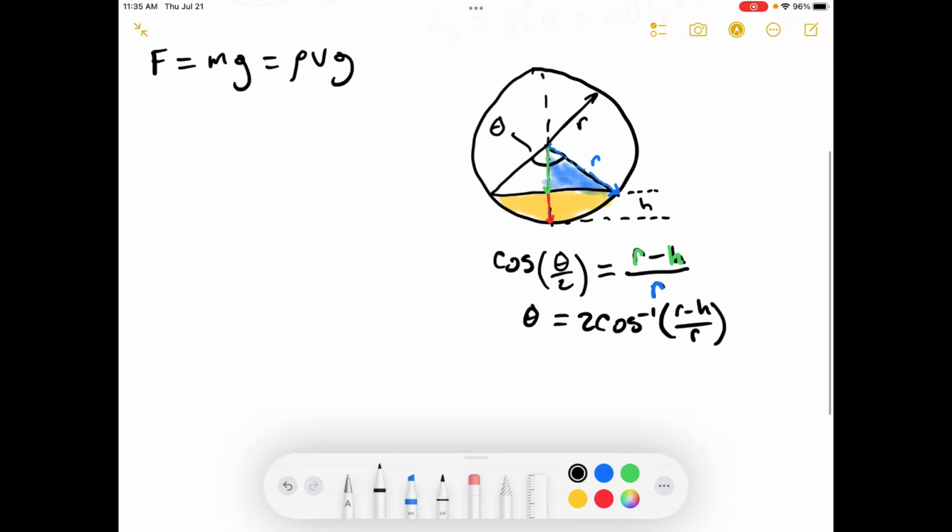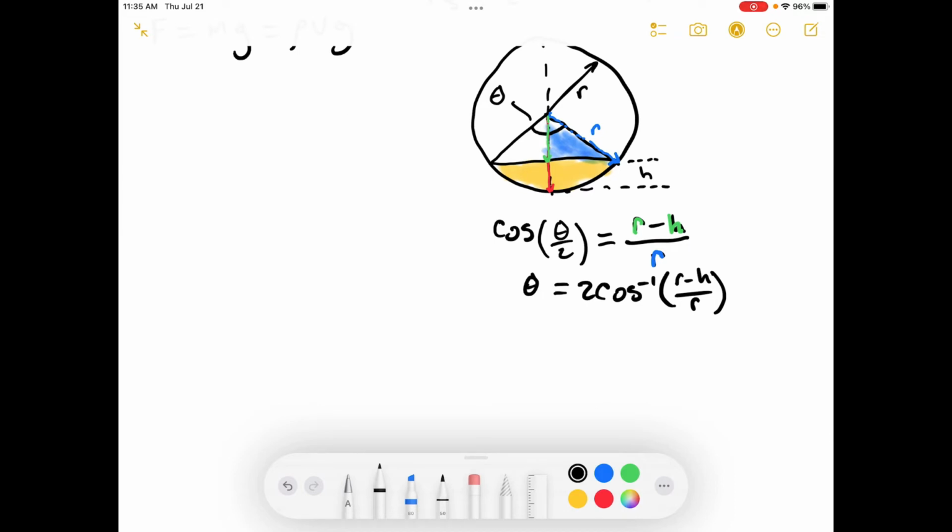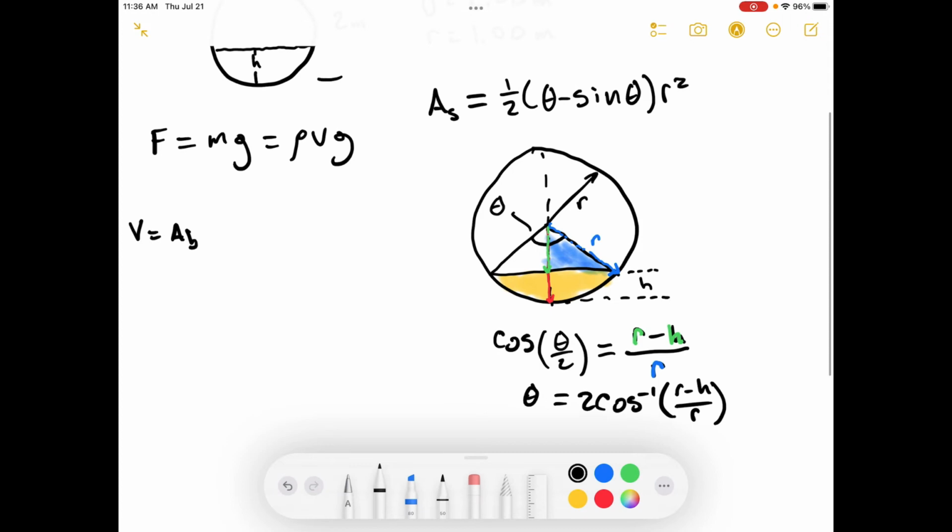Okay, so now we move on to the volume. So we know that the volume equals the area of the base, which is the yellow portion. That's the area that we just solved for. And we have an expression for the area right here.